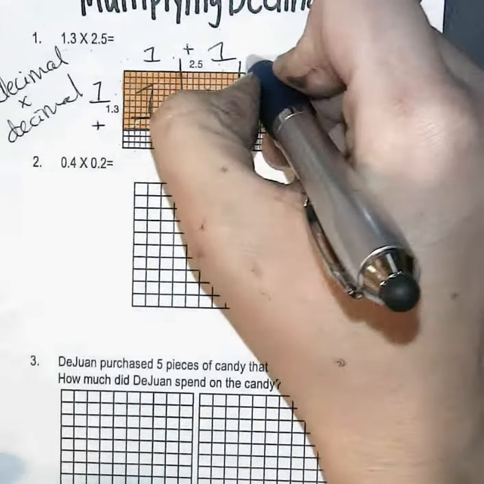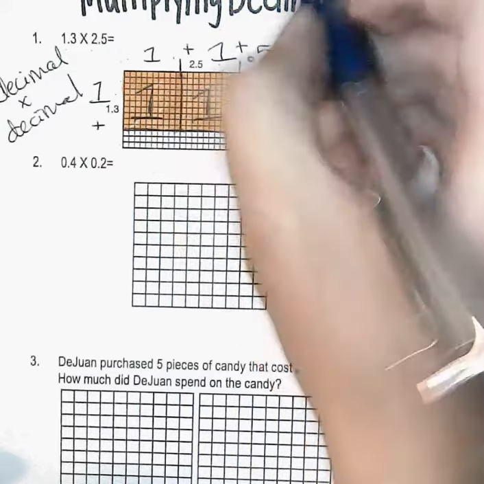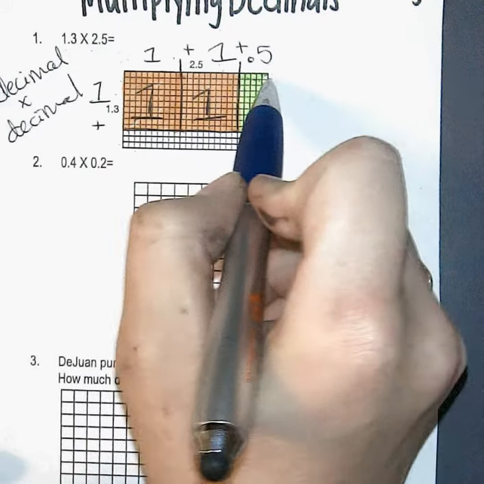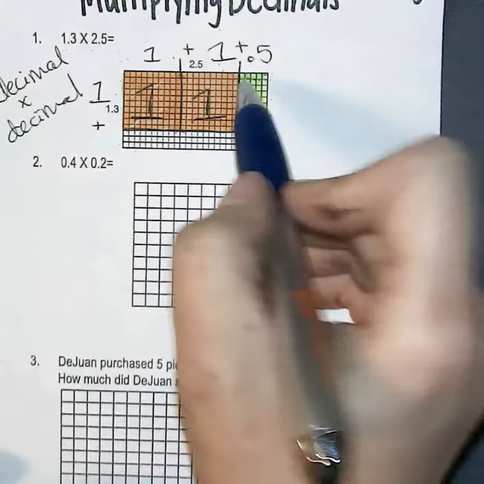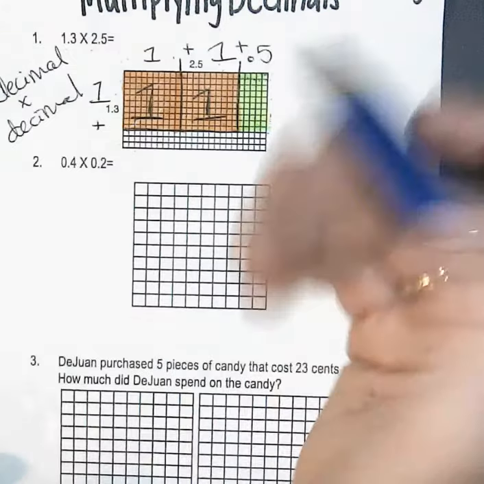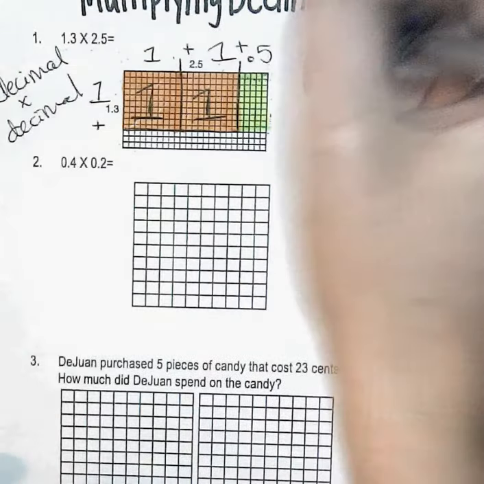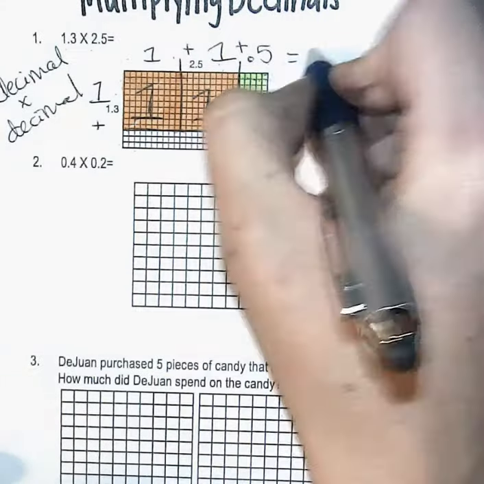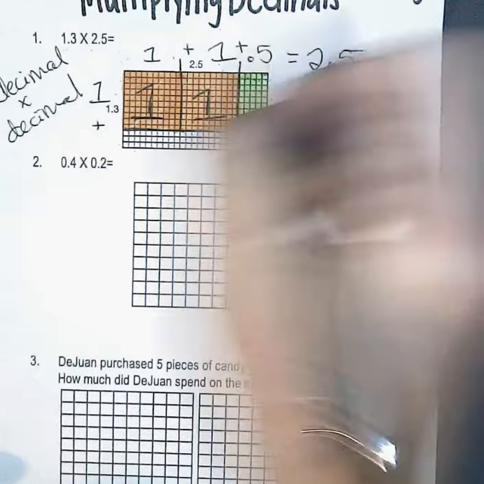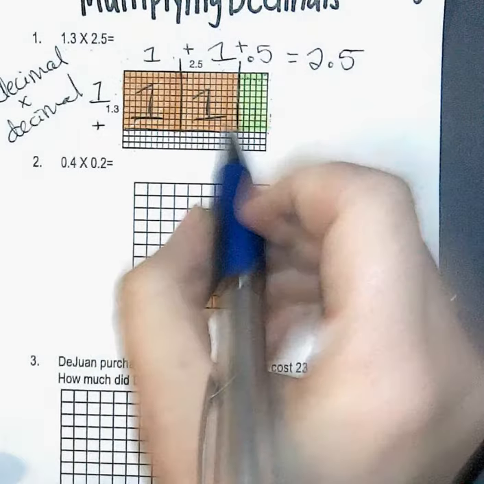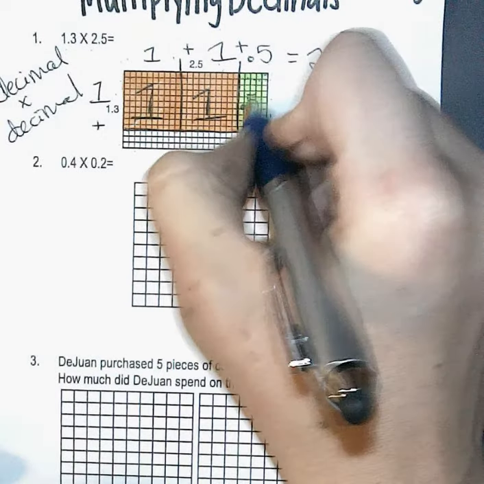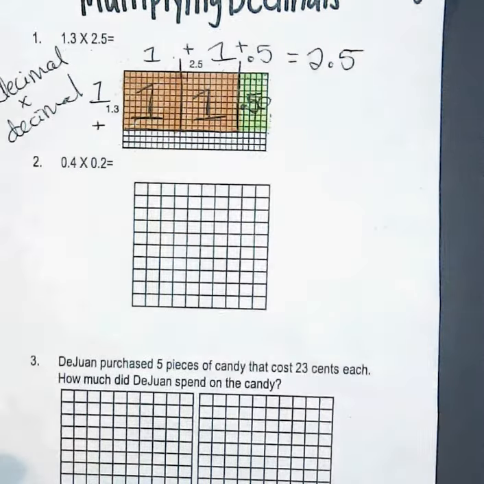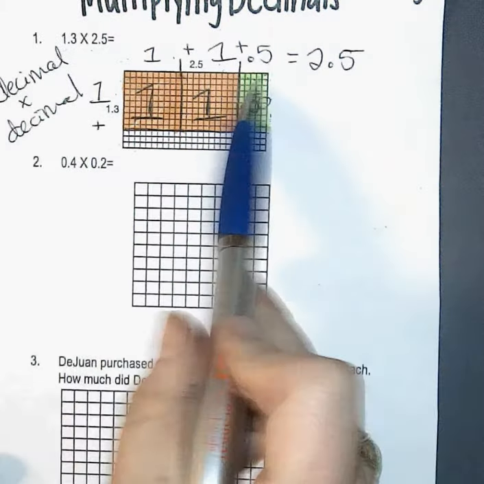So that would be my 0.5, or 5 tenths, half of a hundreds block. If you add all that up, 1 plus a half is 2.5. So now I've identified going across that this is 1, 1, and 0.5. That's what makes up going across the top.